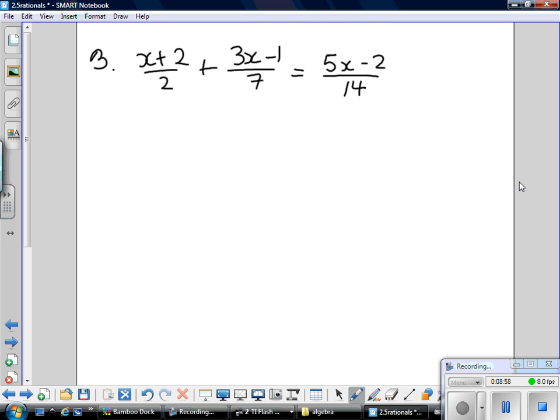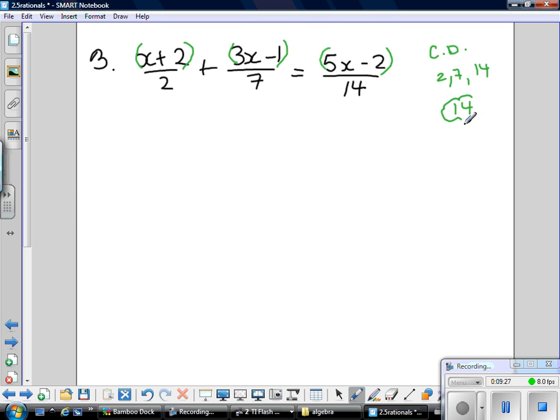Now, really what's happening here is I'm just going to put a bracket around each numerator because that belongs together over the denominators. But the same steps apply. If I had to find a common denominator between 2, 7, and 14, I think that we would all agree that that would be 14.